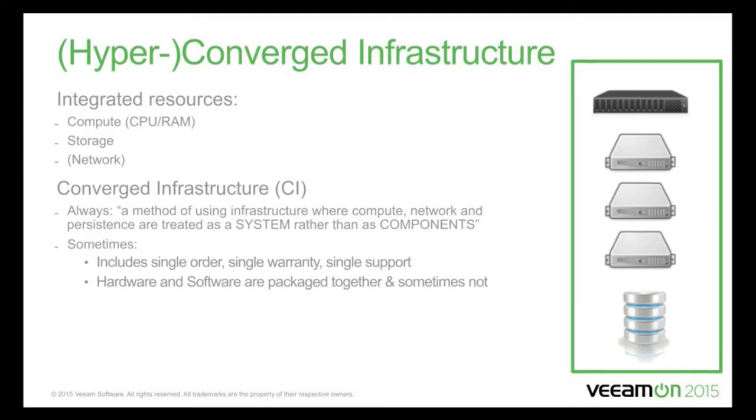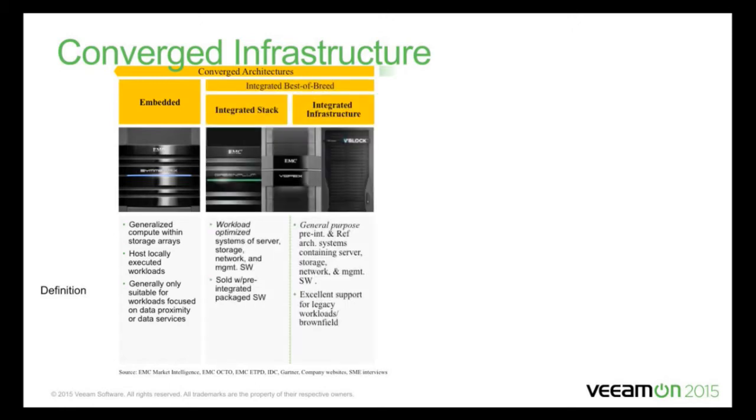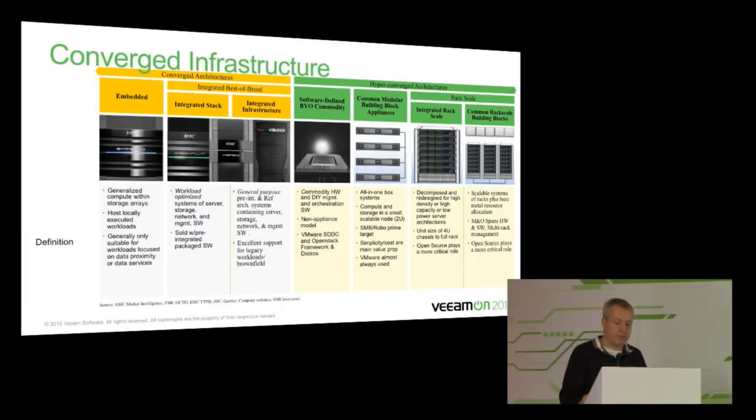This kind of converged solution can be quite different, but the most interesting and new trends, if you also consider the announcement of EVO SDDC or, last year, EVO RAIL, are in the hyperconverged class, where you can have a server in a cluster that combines both computing with the hypervisor part and the storage.